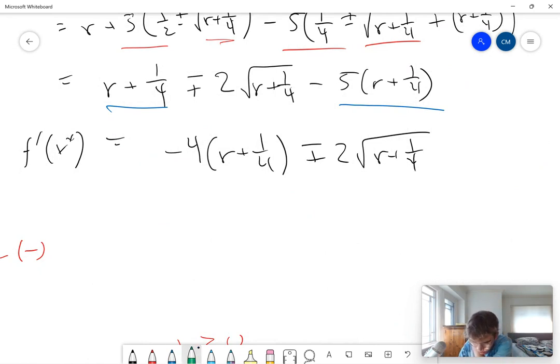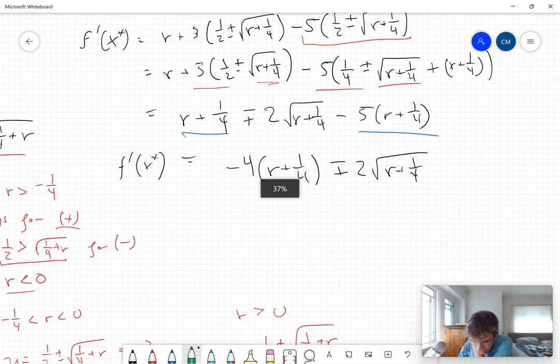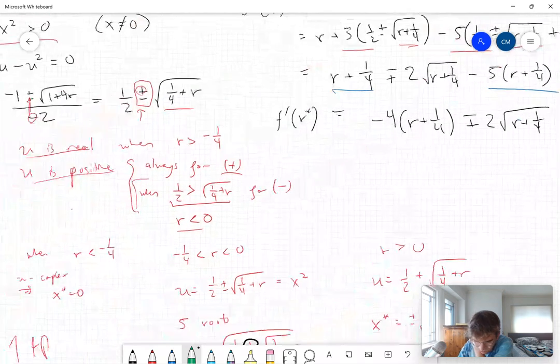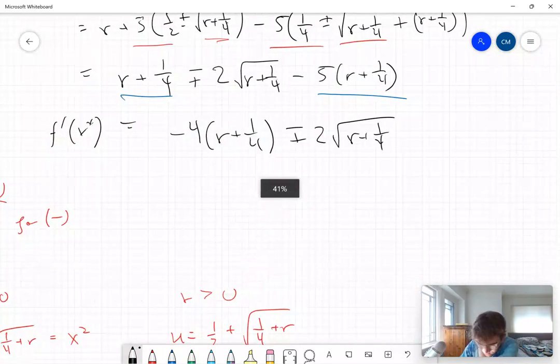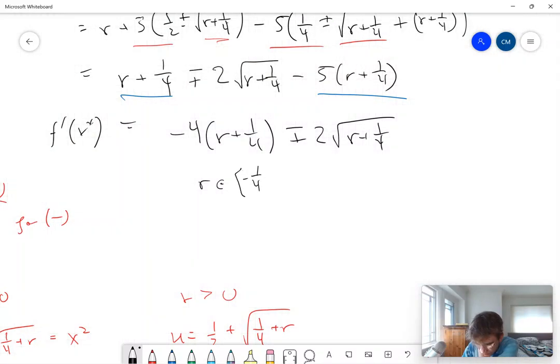And now, observe that first of all, let's look at the region when r is between negative 1/4 and 0. All right.